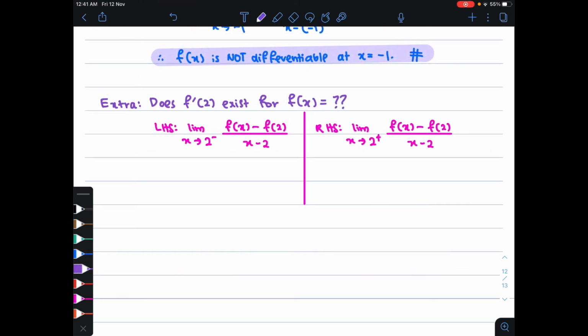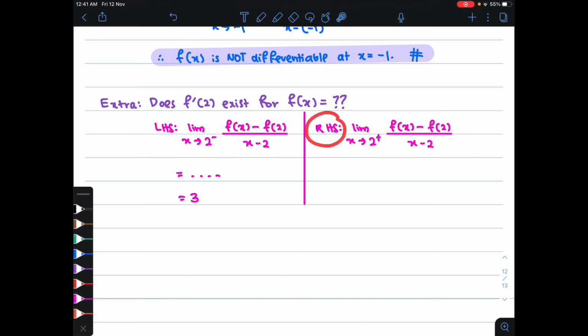Before we stop, let's look at this extra bit here. Say that you need to find whether f prime of 2 exists for a certain function, and say that this is a piecewise function. So you need to find the left-hand side and the right-hand side. Okay, so for the left-hand side, say that you do the calculation and you get the answer is 3.